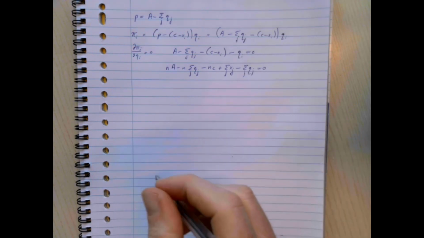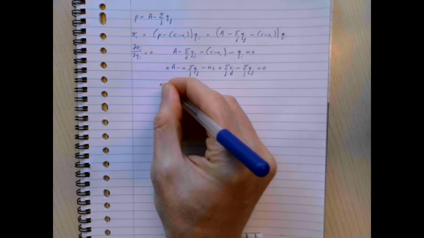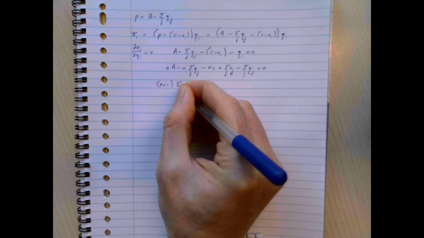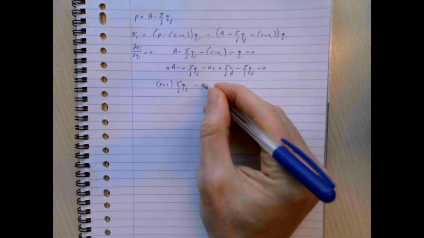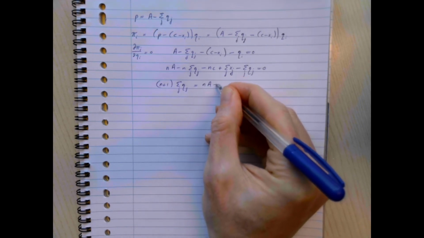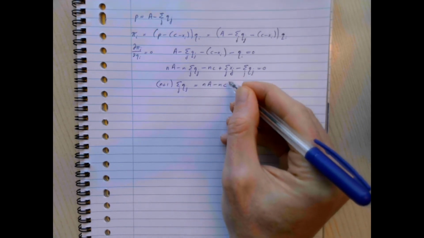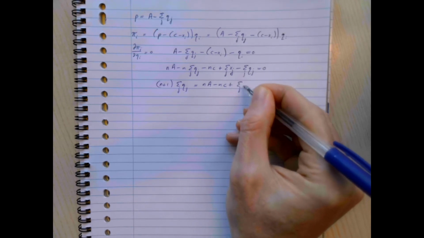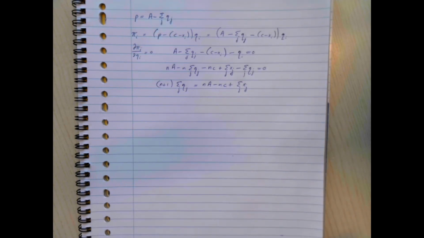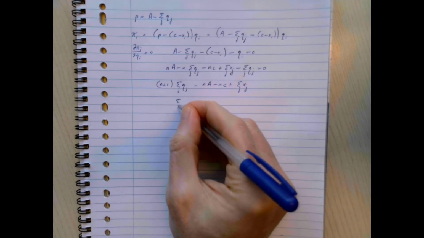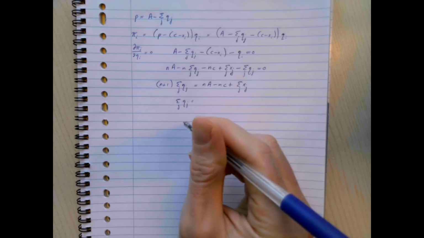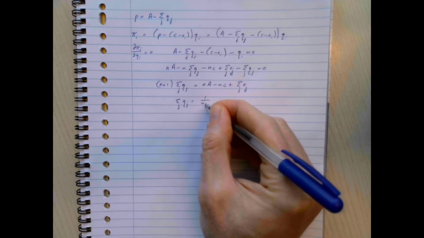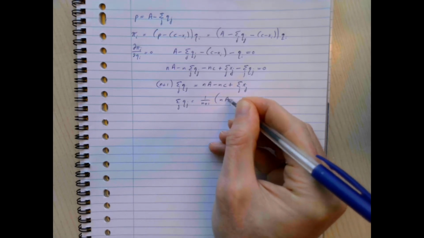Taking that to the other side, we get n plus 1 times the total quantity in the market equal to n times A minus n times C plus the sum of all these cost reductions. If we divide by n plus 1, the sum of all these Qj's is 1 over n plus 1 times this expression over here.